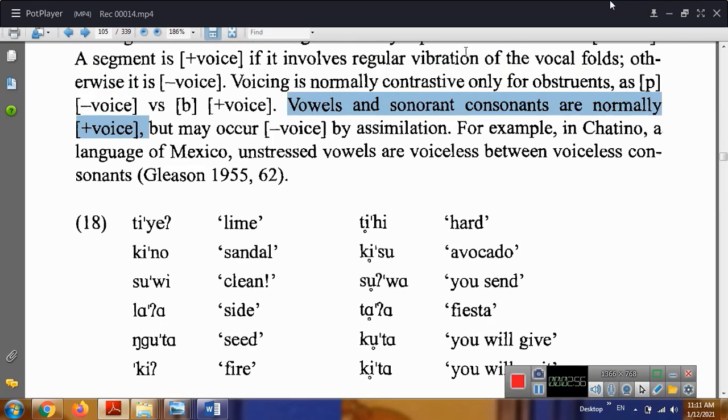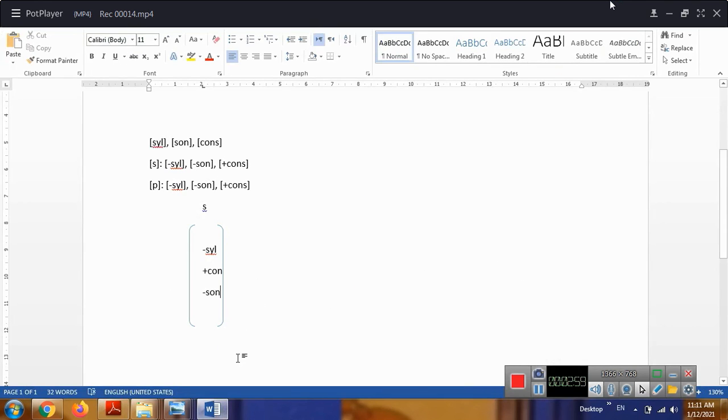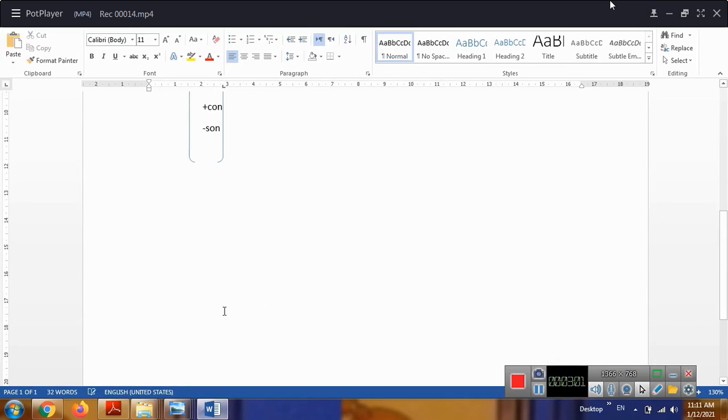You know about voiced and voiceless sounds. For example, Z, B, D, or G are voiced. I mean that they are plus voiced, and their counterpart voiceless sounds are S, P, T, and K, which are minus voice.